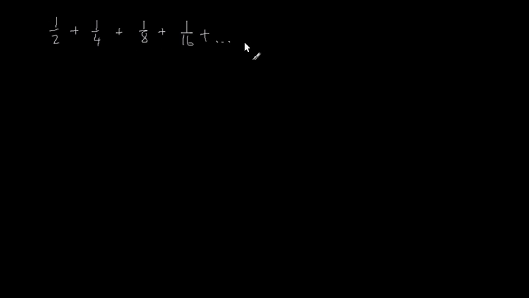Now what I'd like to do is to keep adding more and more terms forever. And as I explained in that earlier video, the answer just gets closer and closer and closer to 1.